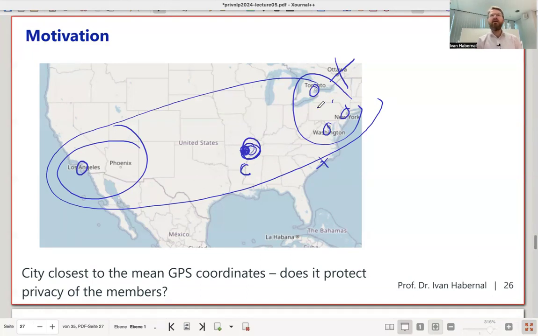We need to take these outliers into account. I like this example because you see these are actually outliers, and you need to protect everybody, not just the ones hiding in the crowd. You need to protect everybody living on the very edge of the world.